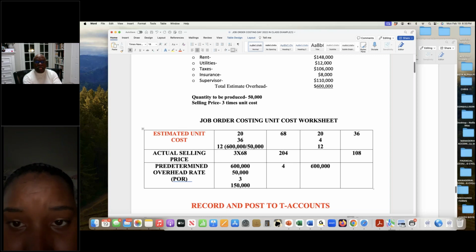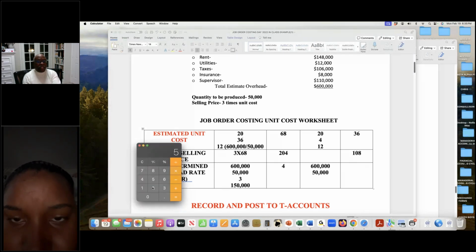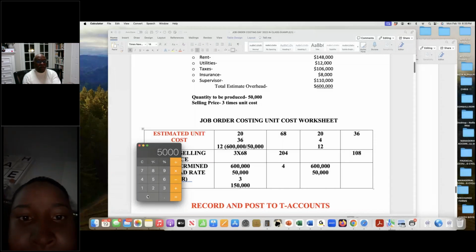The next number stays the same, 50,000. But because we can make 4 books in an hour, we have to divide 50,000 by 4, correct? I thought it was by 3. Excuse me, by 3 then. So we divide 50,000 by 3, how much are we going to get?